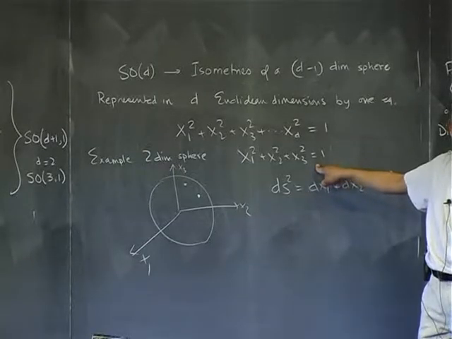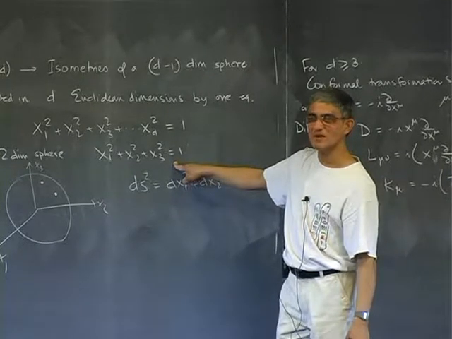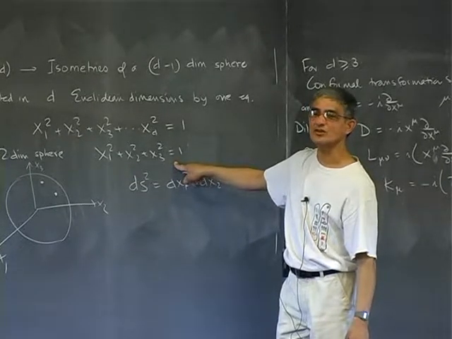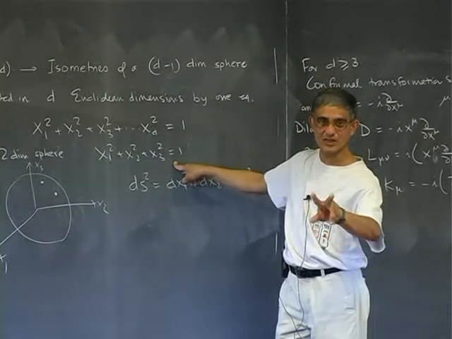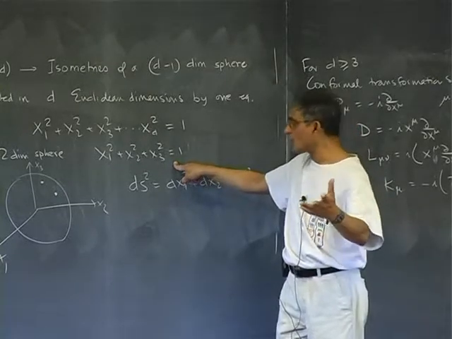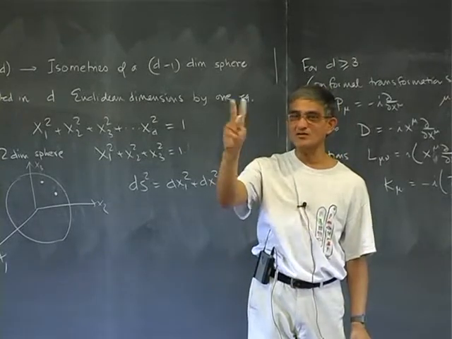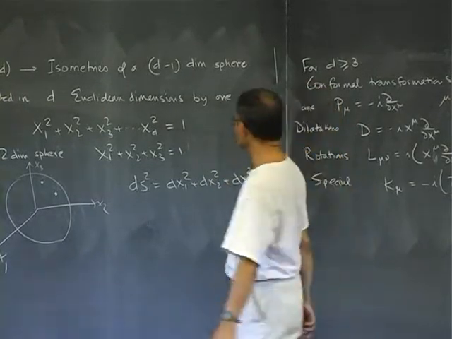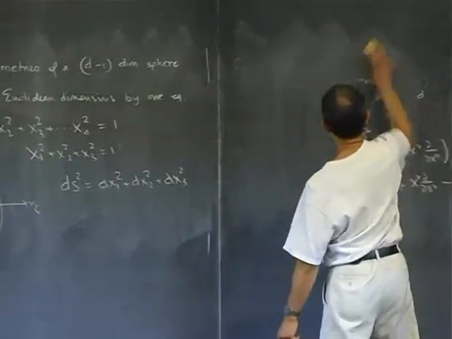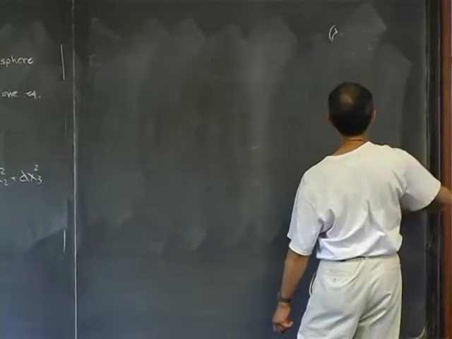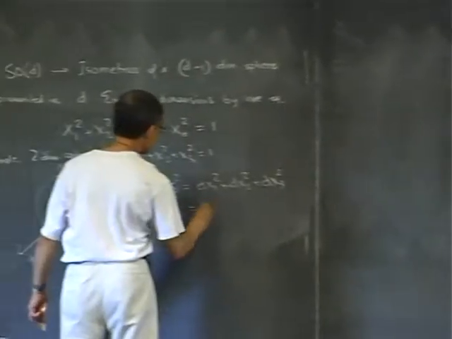Okay. That is a funny thing to do, because I might as well solve this condition. This condition means that x1, x2, x3 are not independent of each other. There are only 2 of them which can be taken to be independent. Fair enough, because a point on a 2-dimensional sphere is given by 2 numbers, the 2 angles theta and phi. So, why not write the usual polar decomposition?